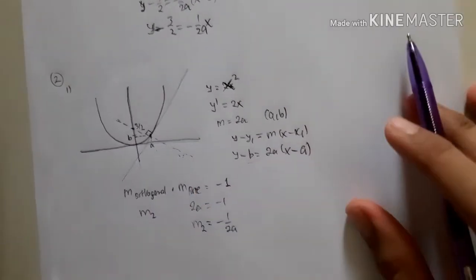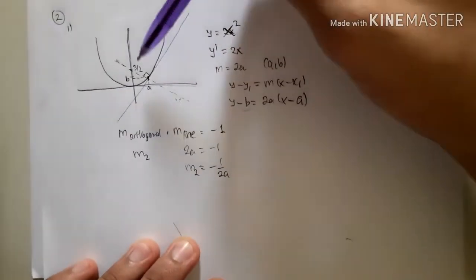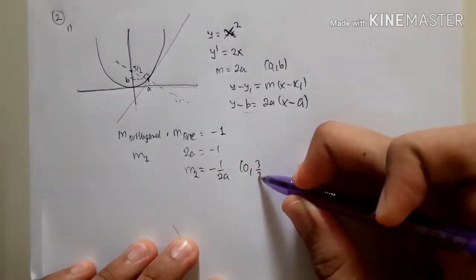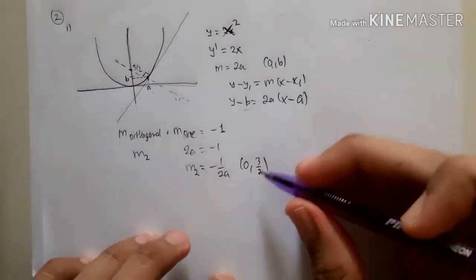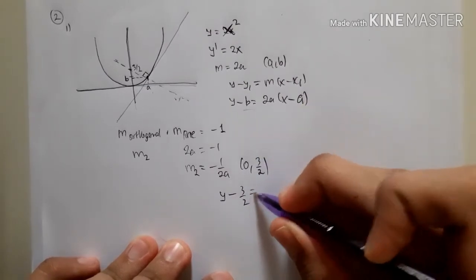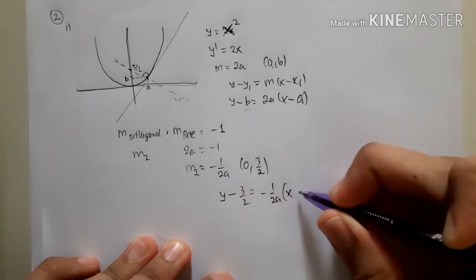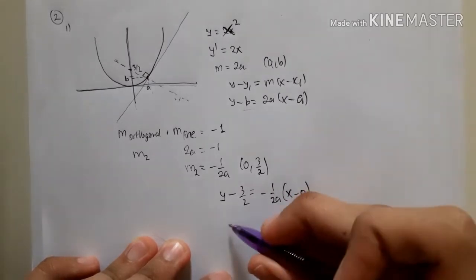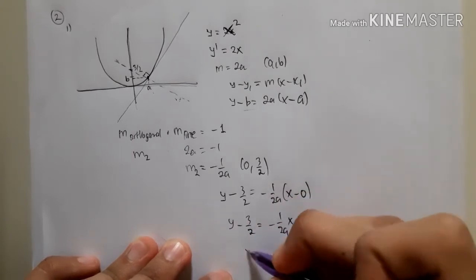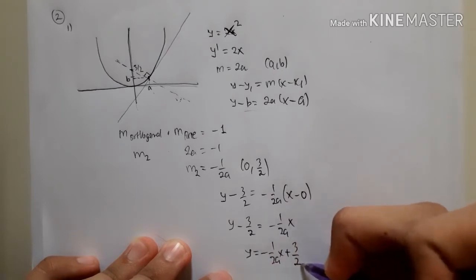Also this line goes through (0, 3/2), so we can form the equation: y minus 3/2 equals -1/(2a) times (x minus 0). So y minus 3/2 equals -x/(2a), and y equals -x/(2a) plus 3/2.